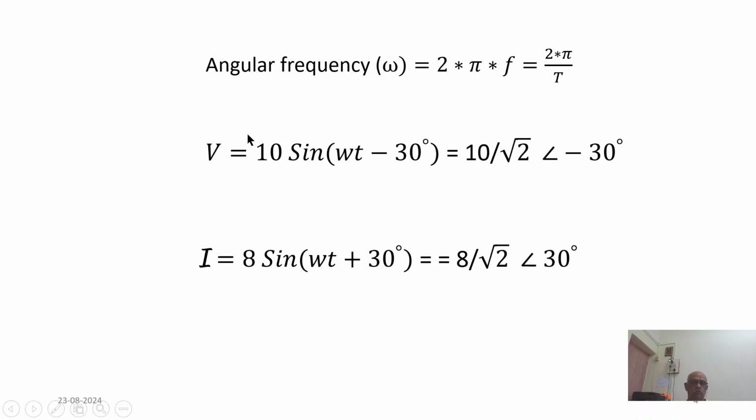So in general, we have got V equals 10 sine omega t minus 30, and we can represent this equation in the phasor form mathematically. That is only a way. If somebody has written 10 by root 2 at minus 30, it amounts to telling that, well, this is equal to this one. So that's a symbolic meaning.